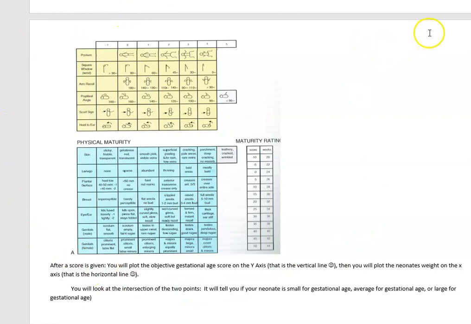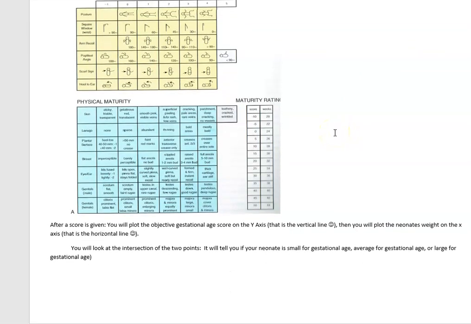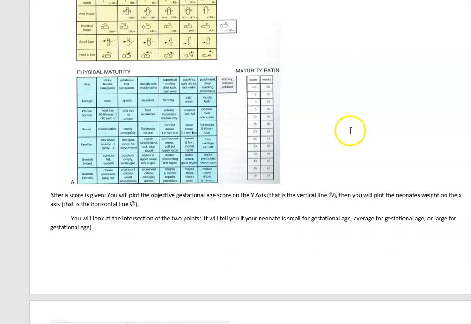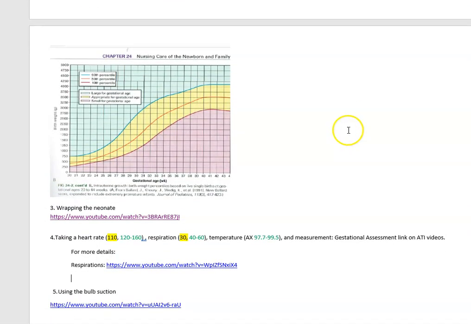When patients come in that have not had ultrasounds or no prenatal care, we must use this tool to accurately assess how old the neonate actually is by gestational age. Now, we will use that to determine if they are very small, average, or large for their gestational age. So say for instance, we got 40 weeks.